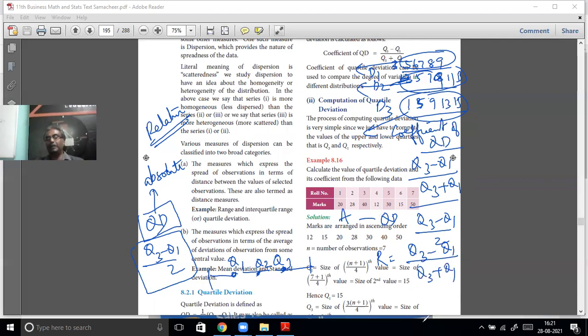Once you get this value for one data set, another, and a third data set, you can compare them. If the coefficient of quartile deviation is large, then the dispersion is large, which means there is more scattering and the group is more heterogeneous. If the coefficient is very small, then for the same kind of data, the numbers are coming very close together.